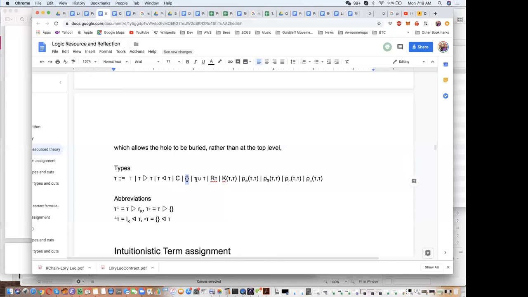And since types are collections, you can kind of combine them. So you can think of this as like an OR type. This type is saying that whatever you got has been resourced, right? So it's inside an evaluation context. This type says that you've got two different types, and then you make a new type out of it using the K. And then you have types for each of the different parallel and serial extractions.